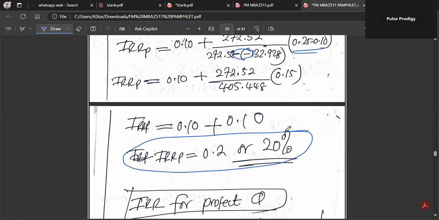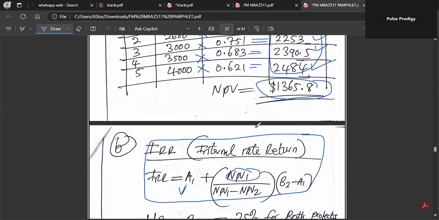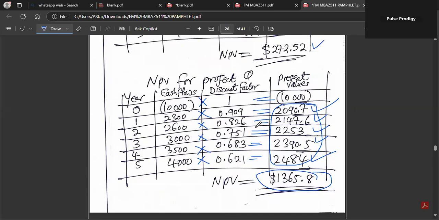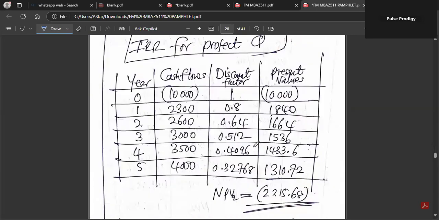Then we're building up a little bit, getting down to the internal rate of return for project Q. The initial NPV for Q was 1,365.8. All right, and then we are using the same rates, 25%.